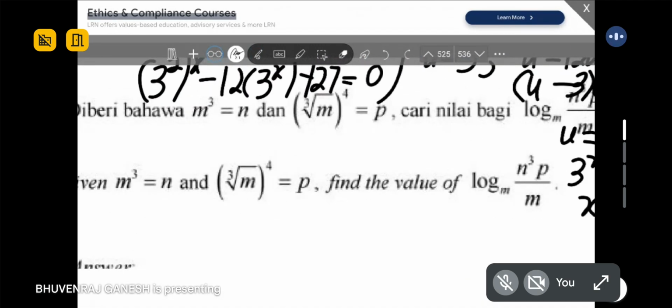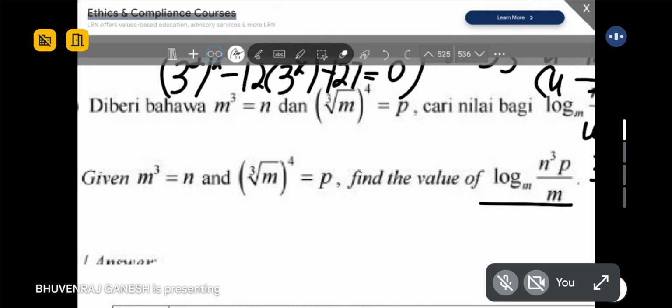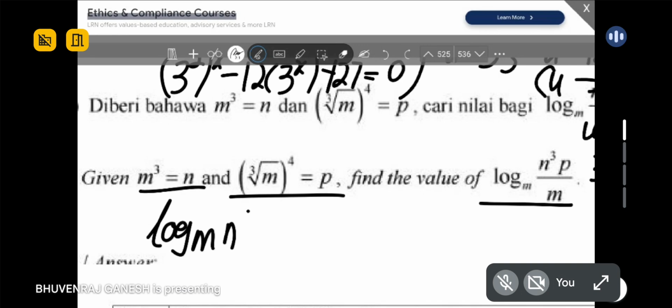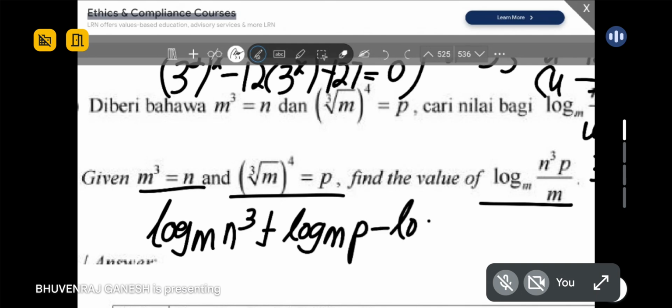So question number C, they ask you to find this one. Okay, so let me see. Okay, so you have information, all of this. So what you can do is for your log, you will have log m n cube plus log mp minus log mm.